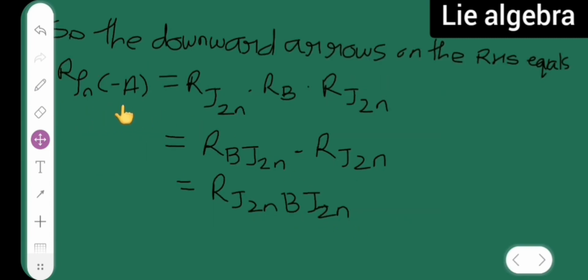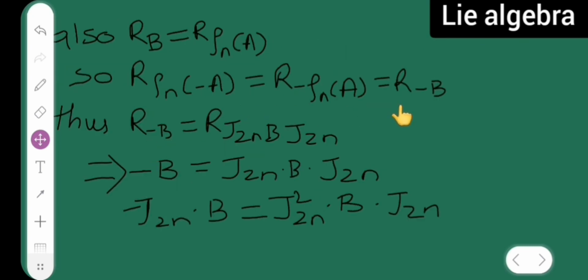Rho n of A minus A is nothing but R minus B, which is equal to, the rest I have to write as it is, R j to n into B into j to n. Now I will write this as minus B is equal to j to n into B into j to n, this part only.